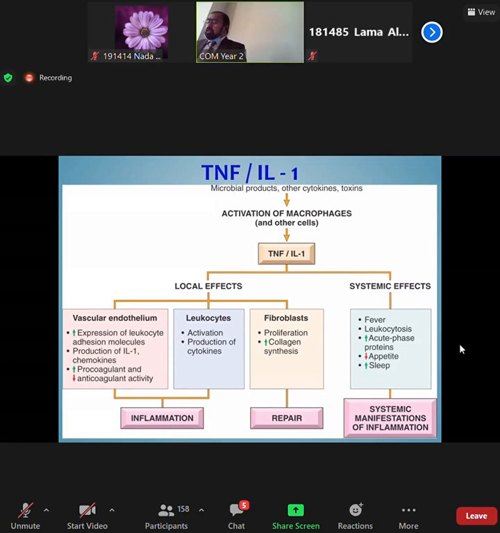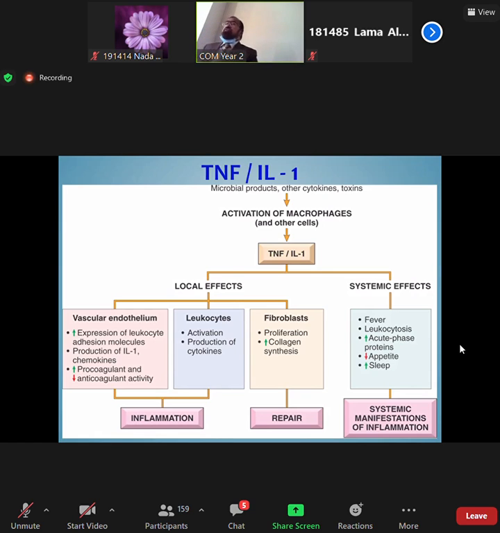So in fibroblasts, it causes proliferation and also an increase in collagen synthesis. We need collagen for the repair process. Collagen is formed from fibroblasts, so they excessively secrete collagen to repair the damaged area. And finally, the systemic effect, which is the acute phase response or acute phase proteins.